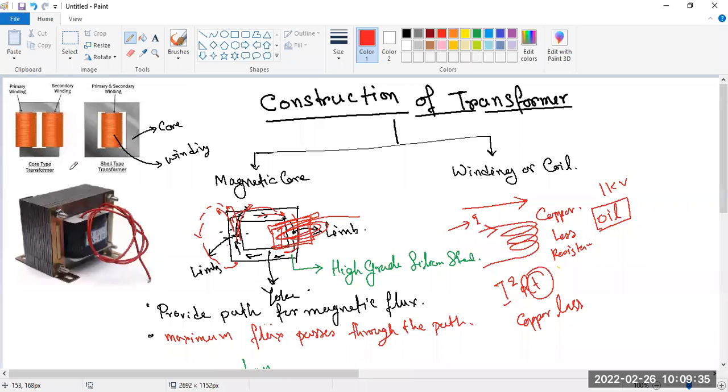The first one is called the core type transformer and the second one is called the shell type transformer. You can see this is the core type transformer. In this core type transformer there is the core and the windings are on the two limbs. This is called the core type transformer. And another is the shell type transformer.